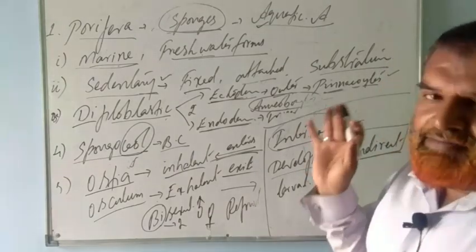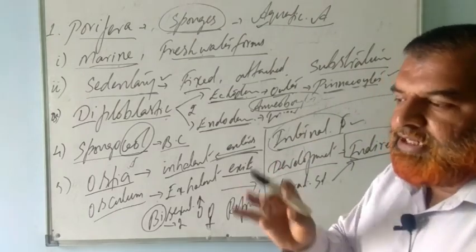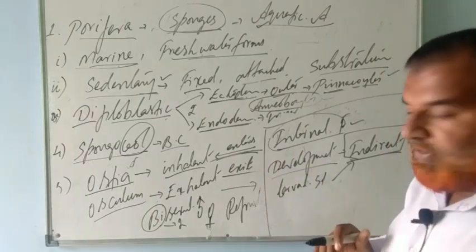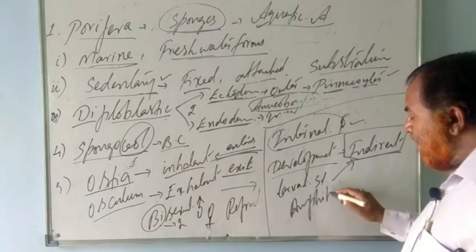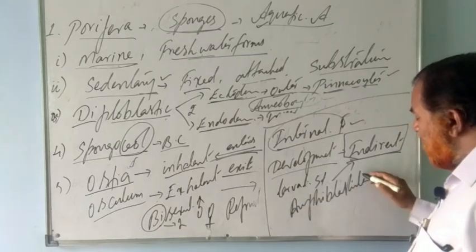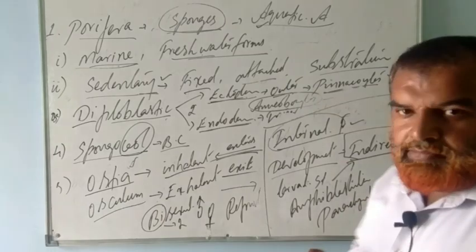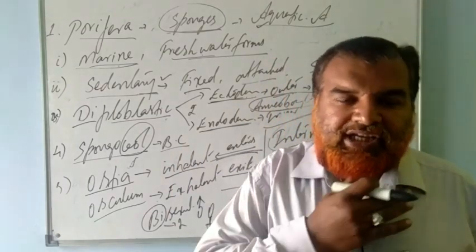If there are no larval stages, as in human beings and mammals, immediately after birth they look like their parents, but smaller in size. That is known as direct development. Amphiblastula and parenchymula are the larval stages.